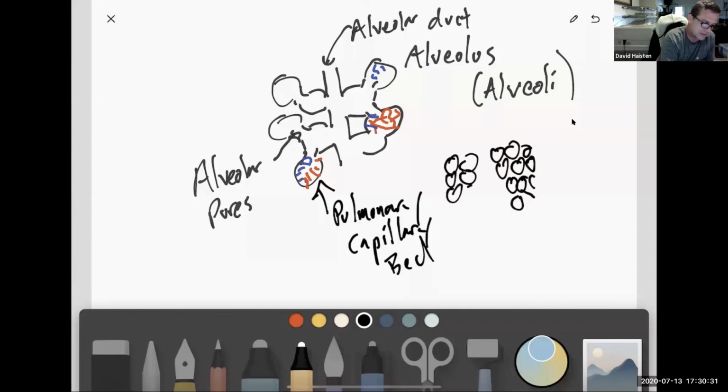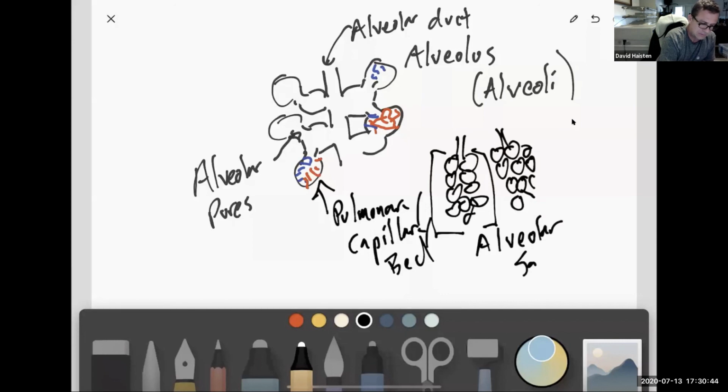It's kind of like clusters of grapes. So here's the alveolar duct coming in. This whole grouping is an alveolar sac, and here's another alveolar sac. So, like clusters of grapes.